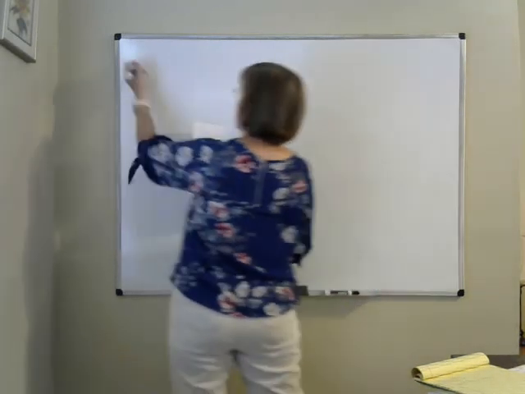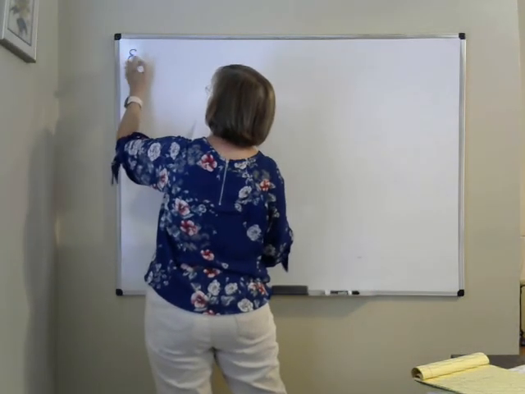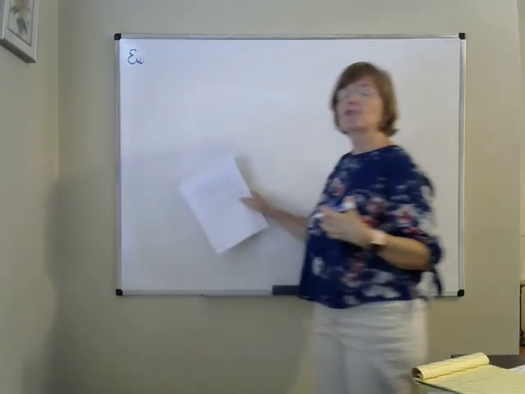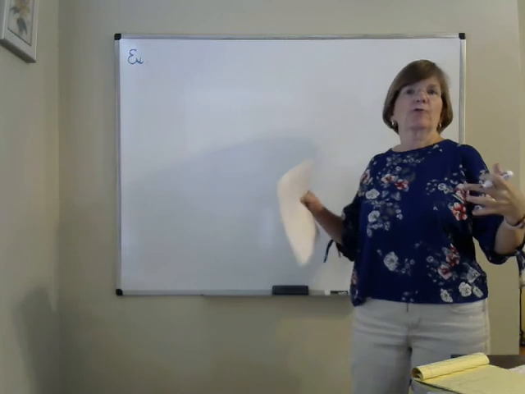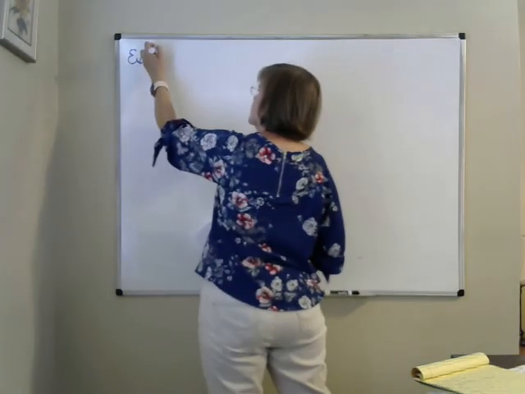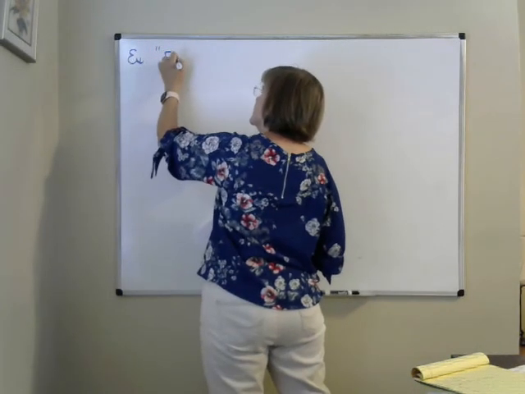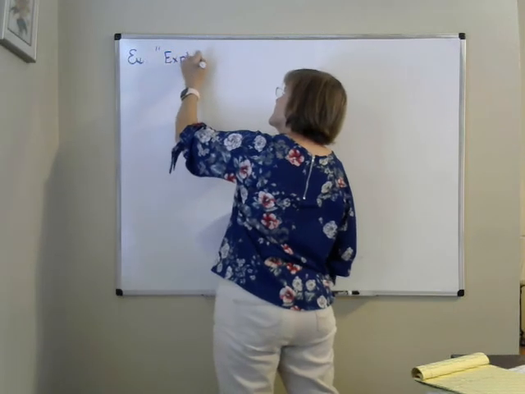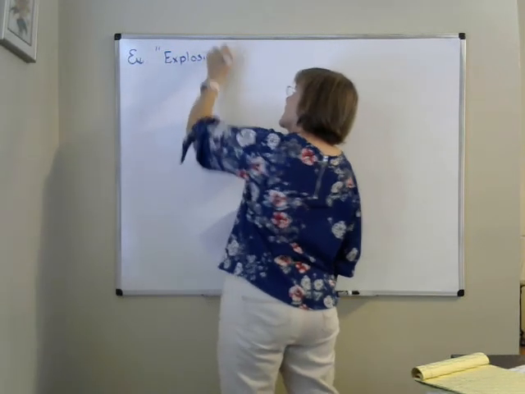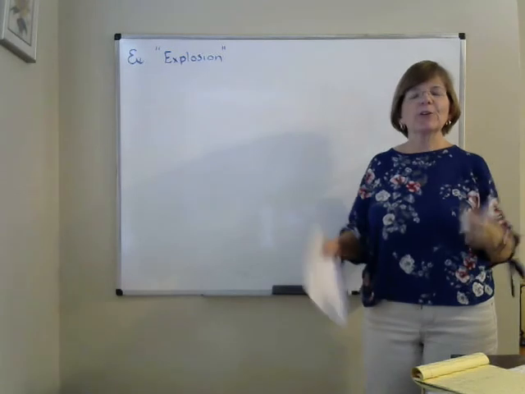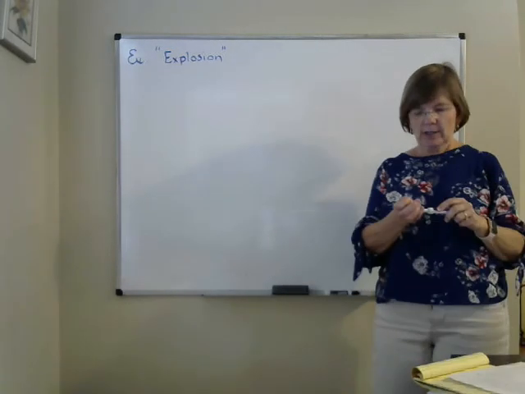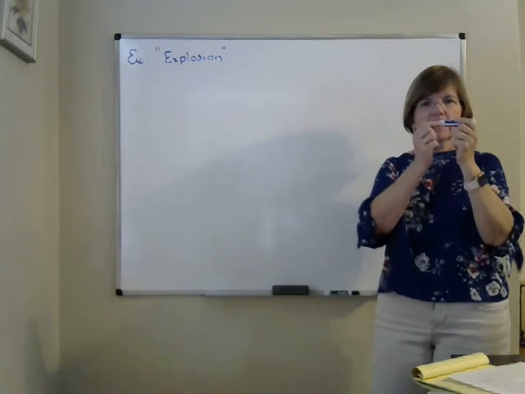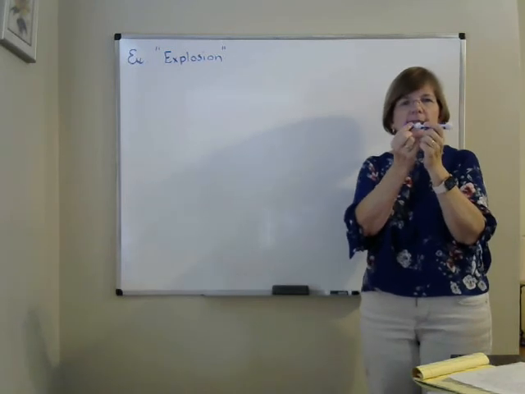This is an example of a type of problem where the initial momentum is zero. I often call these explosion problems. Even though there doesn't actually have to be what you and I think of as an explosion, we generally have a situation where, we'll pretend like this is a gun and a bullet, where the system has no momentum.